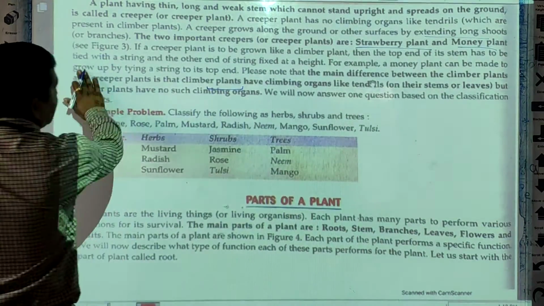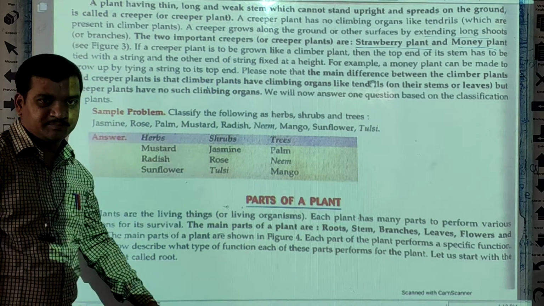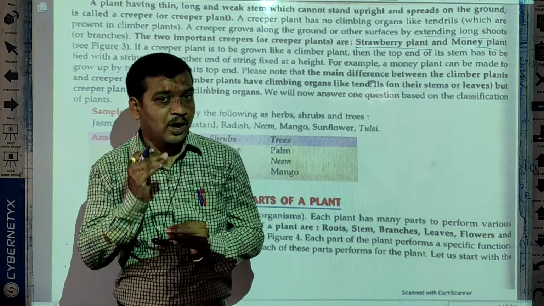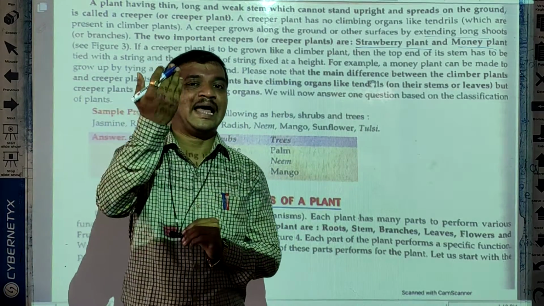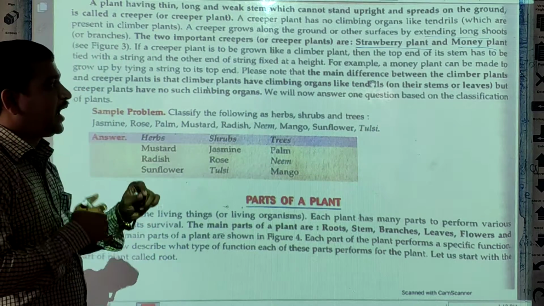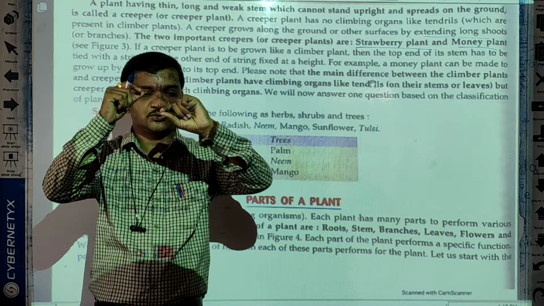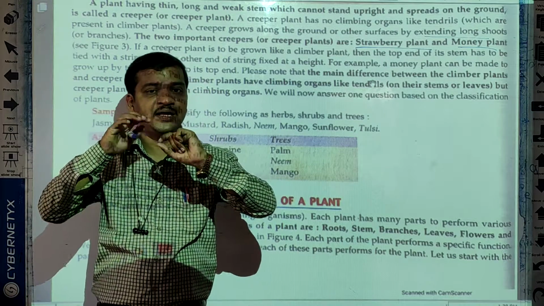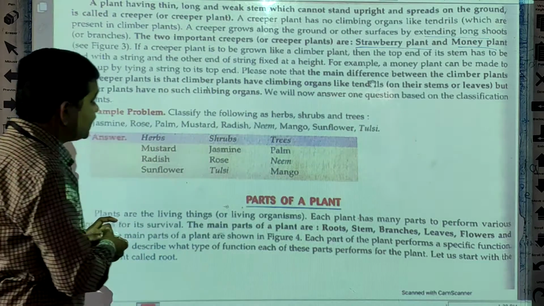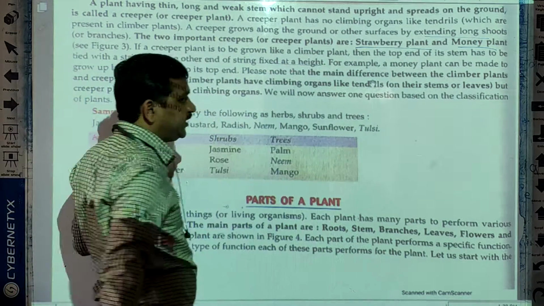Students, if a creeper plant has to be grown like a climber plant, then what to do? You need to tie the top end of that creeper plant with the help of a string, and fix the other end of the string at a height.